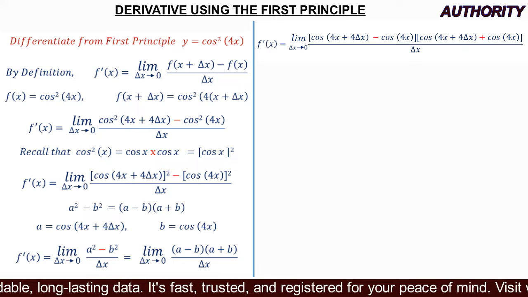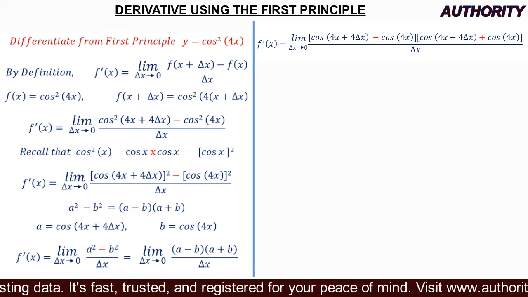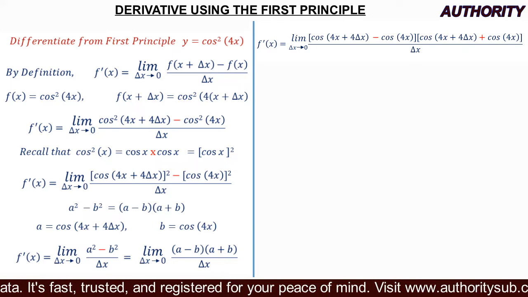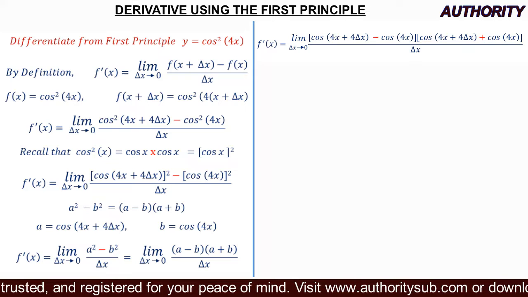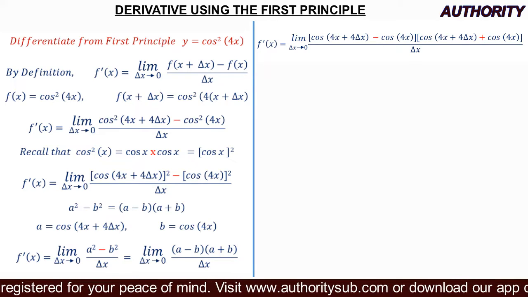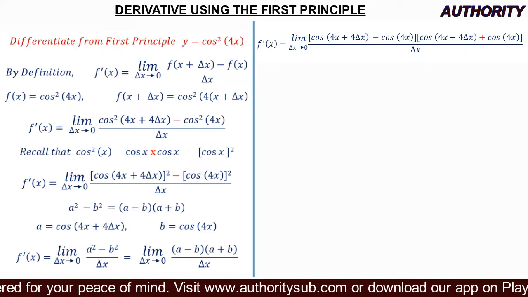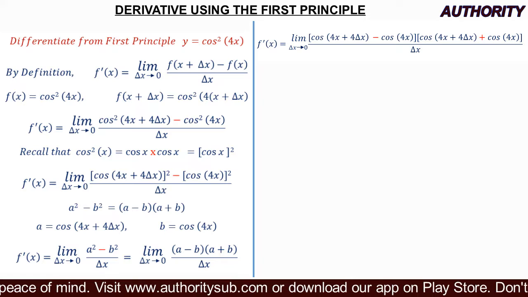That is the first bracket. Then the second bracket, we have a, which is cos of 4x plus 4 change in x, plus b, cos 4x. Put it all in bracket all over change in x. Call this equation 5. Are we together?